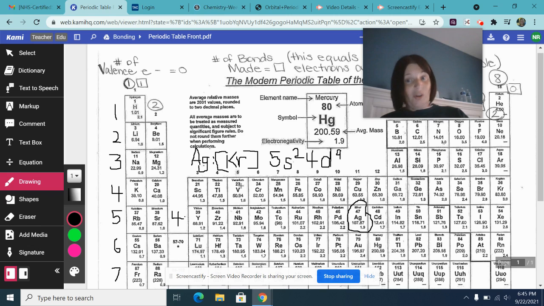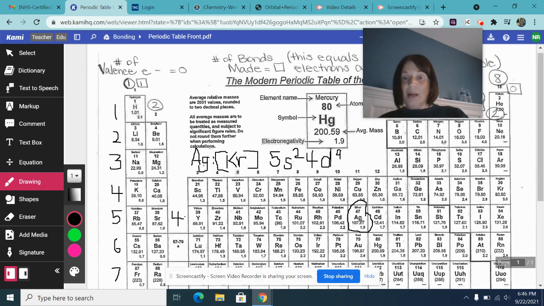In this case we put krypton in brackets, and krypton's atomic number is 36, and if we add 36 plus 11 we get 47. So that is always a way to check that your shorthand electron configuration is logical.